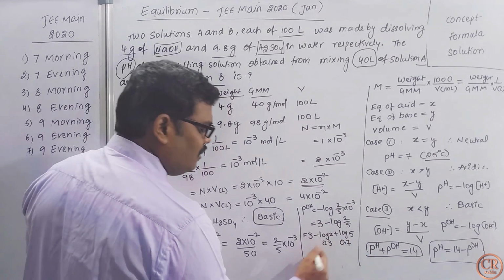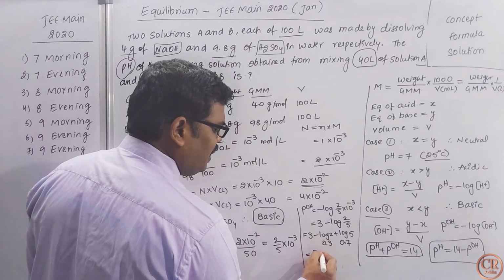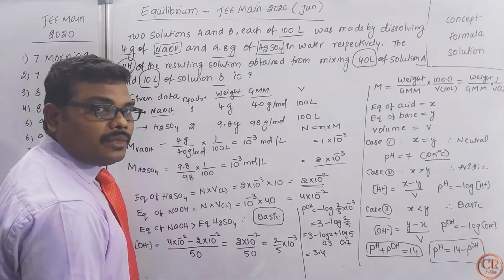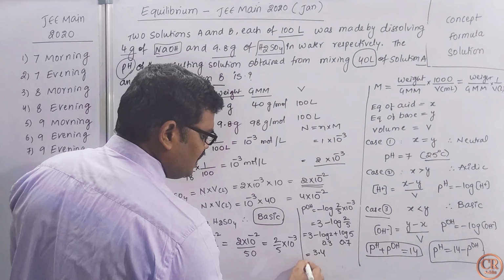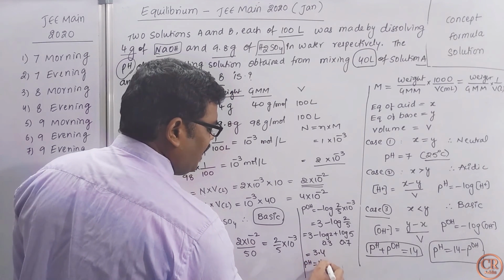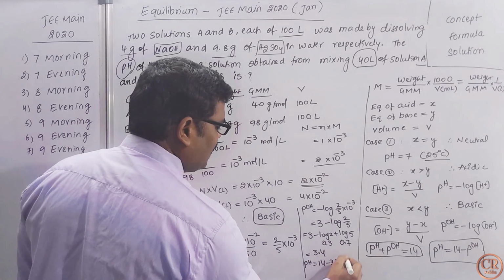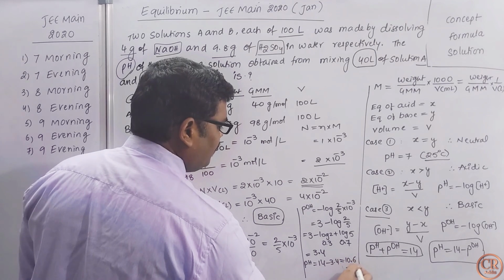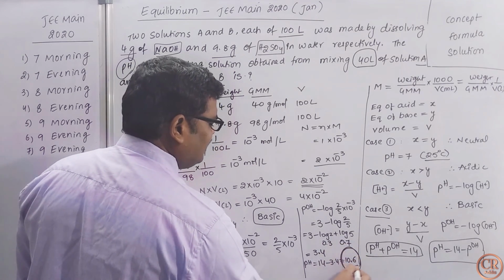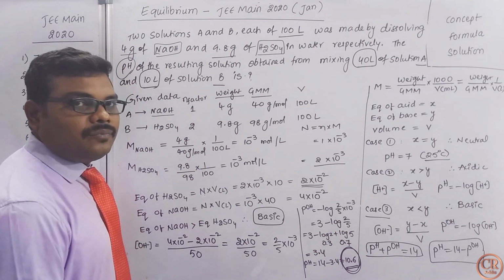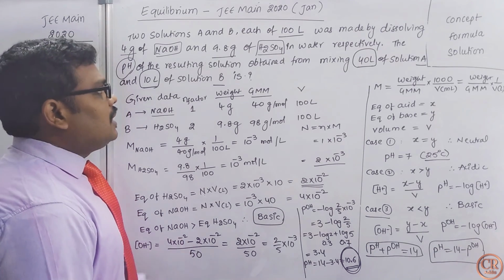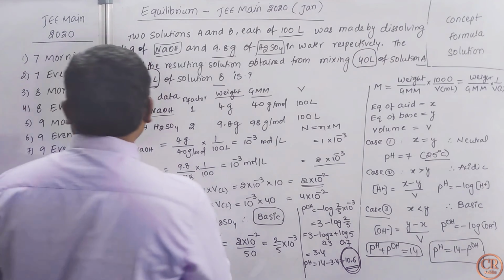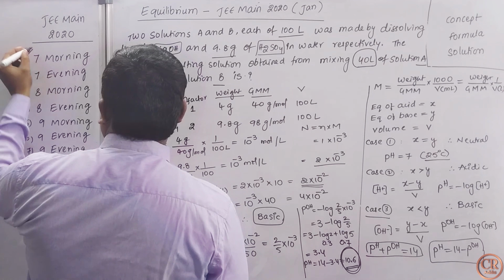So 3 plus 0.4 is equal to 3.4. So now pH is equal to 14 minus 3.4, that is equal to 10.6. This is 10.6. This is about the first question, which is covered on 7th morning.